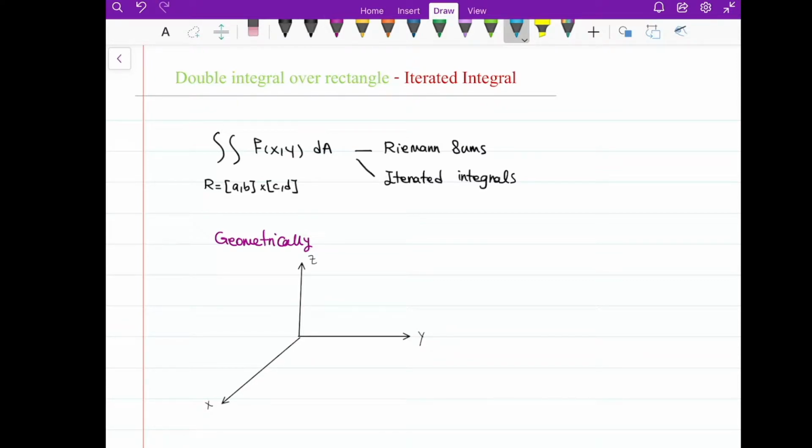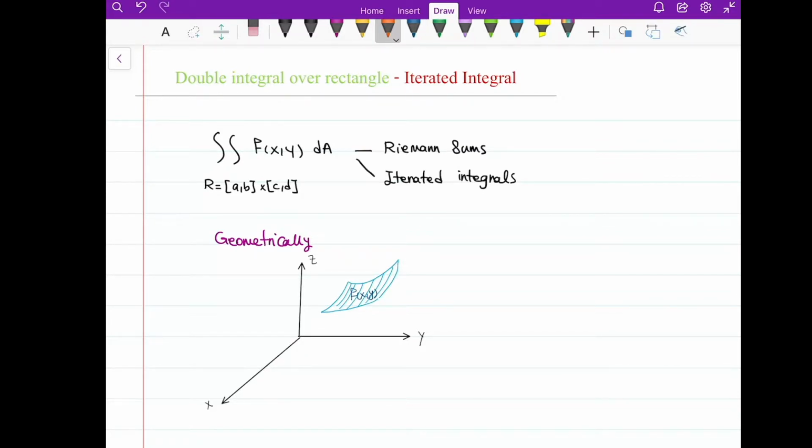Then I have a function like this. Just assume that I have this function in here, and the function is f of x and y.